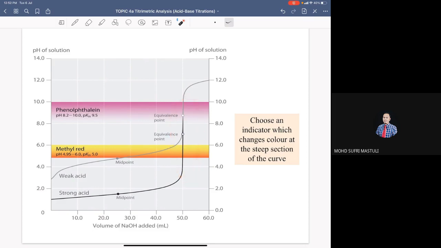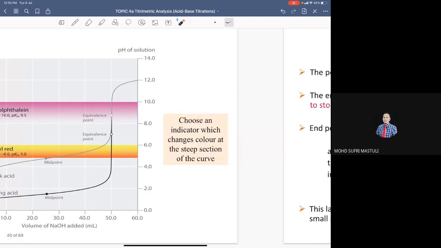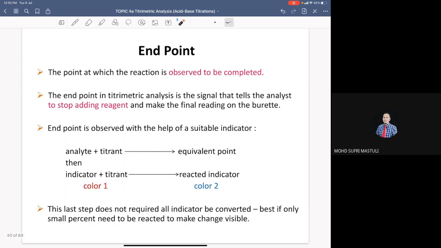We know the color changes after the equivalence point, so the equivalence point should be on the steep section, in order to know whether the color has already changed or not. When the color changes after reaching the equivalence point, the final color we call the end point.